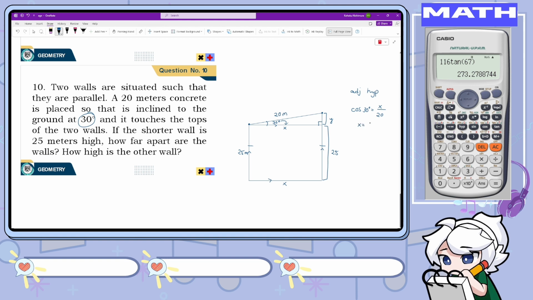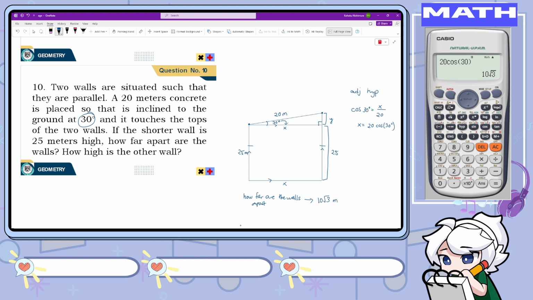Solving for x, it's simply 20 times cosine 30 degrees. Thus, 20 cosine 30 is equal to 10 square root of 3. Thus, we already answered the first part. How far apart are the walls? It's 10 square root of 3 meters.